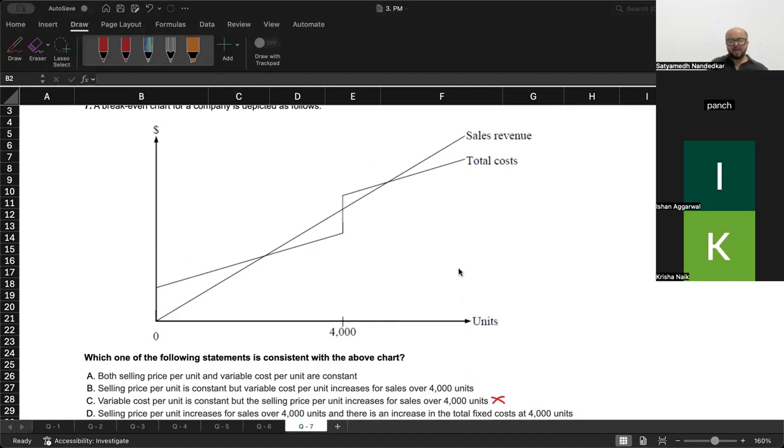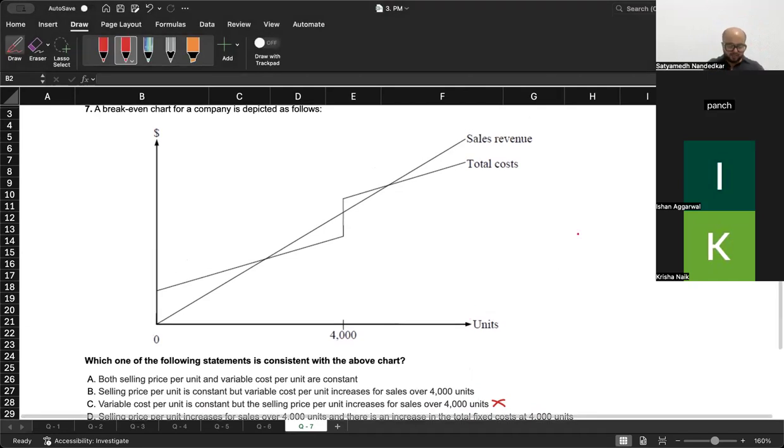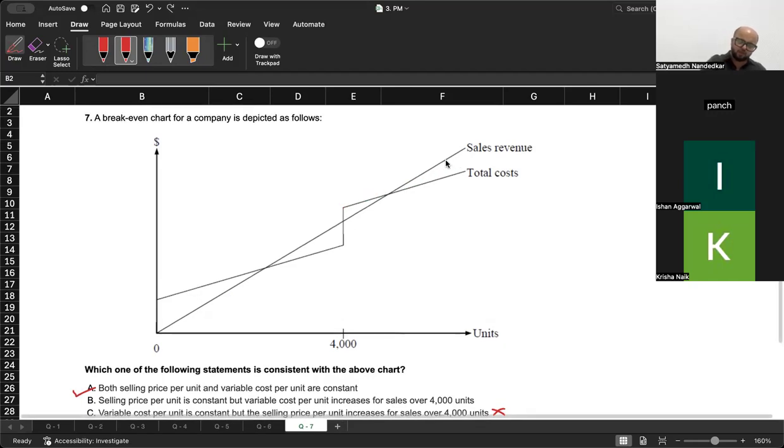Now look at variable cost per unit. Look at the slope of the total cost line once: it's an upward sloping line. But see, here there is a jump, but this jump is fixed cost. This jump is not variable cost. Variable cost remains the same. Look at the slope of this line. Had it suddenly been in some other direction... this was the slope of the line, upward sloping.